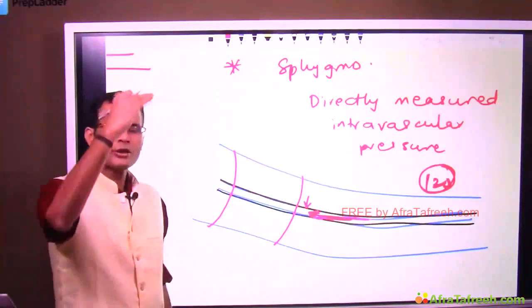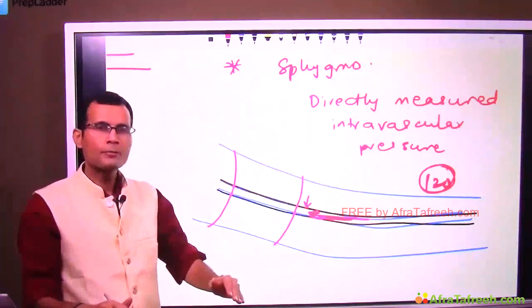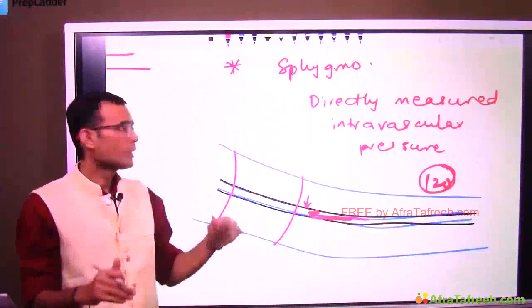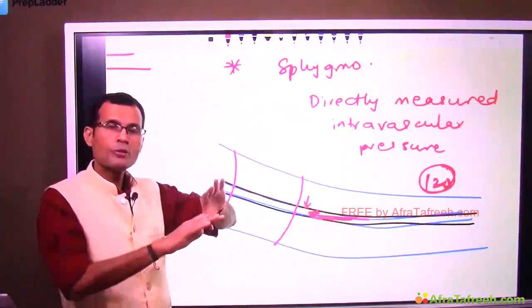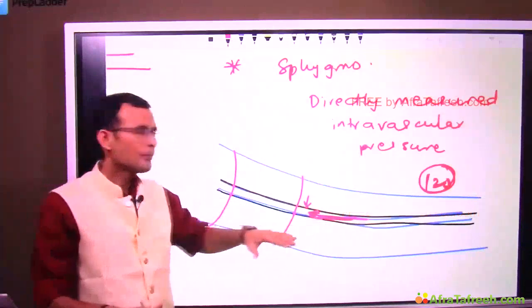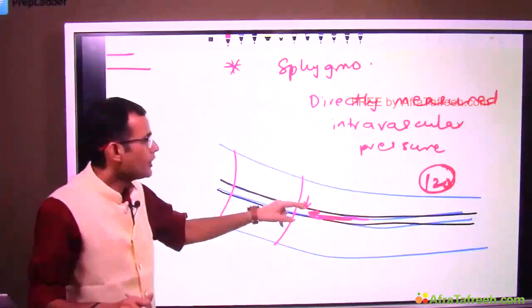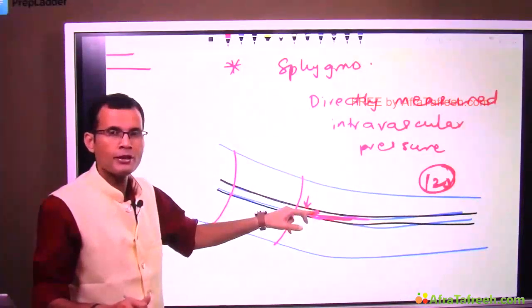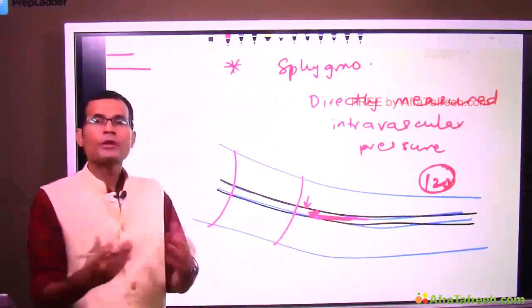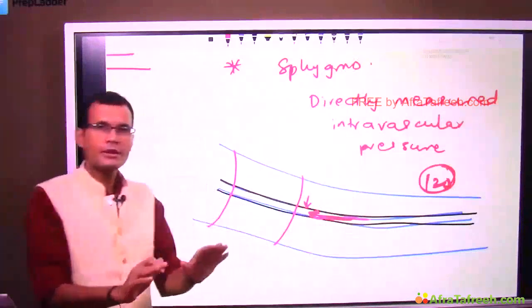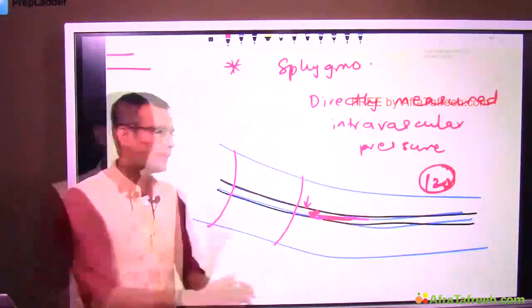We raise the pressure in the cuff and then we start lowering it, and because the cuff pressure is greater than the pressure in the vessel, therefore the vessel gets completely occluded. And the moment cuff pressure reaches the systolic pressure in the vessel, or whatever pressure we are recording, now the vessel will open up, isn't it? That is our principle.